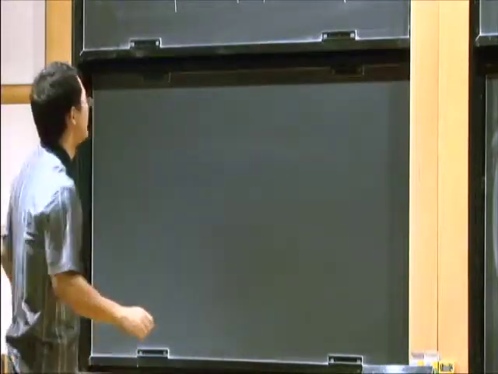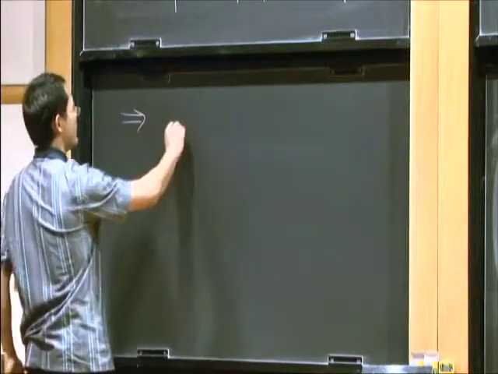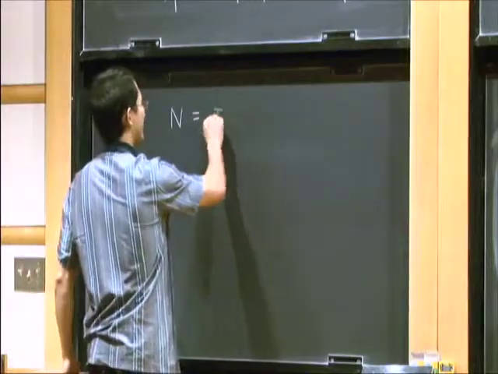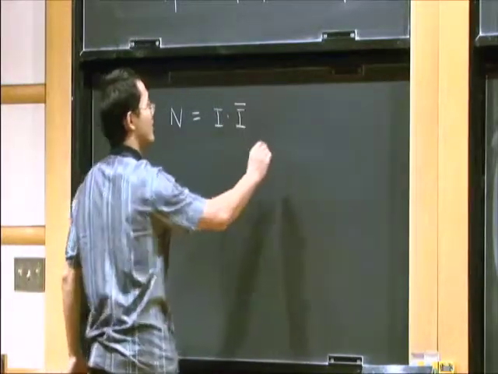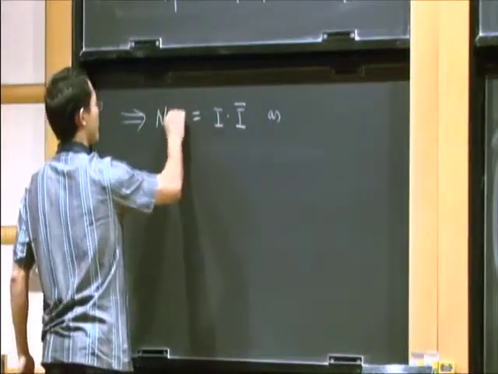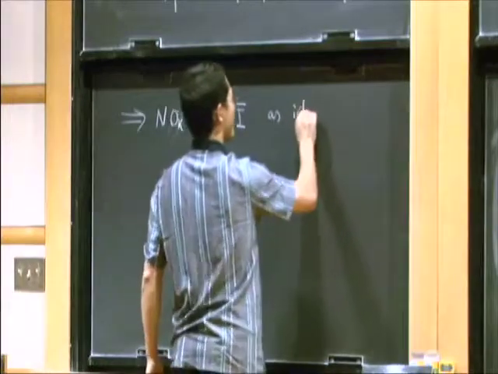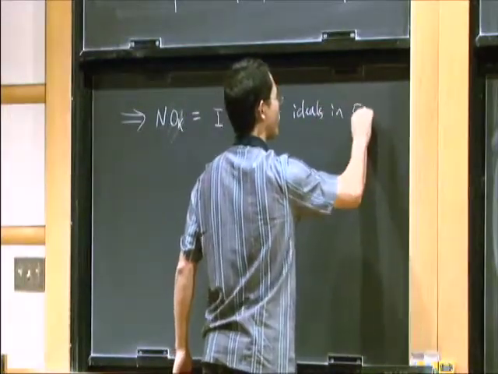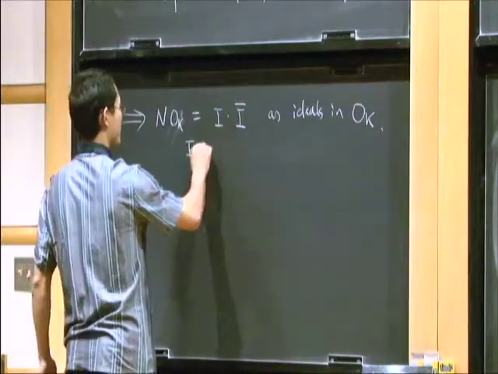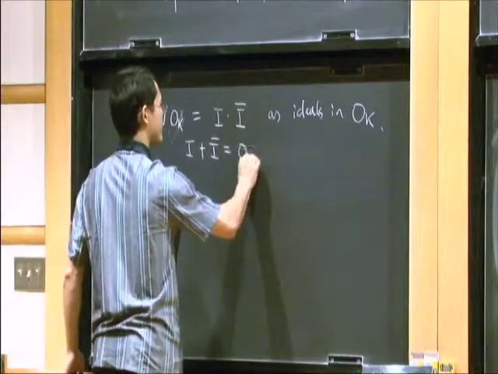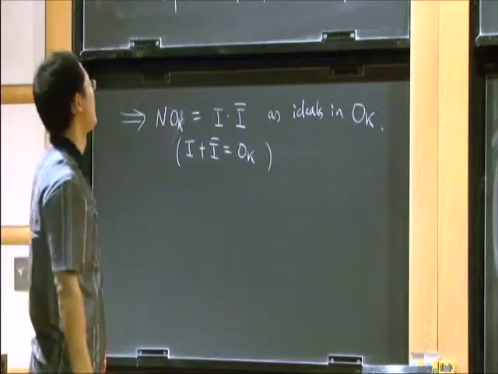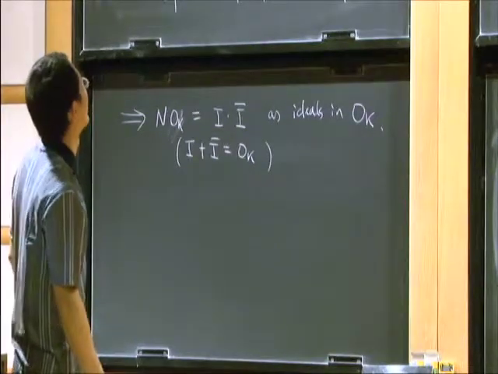And this Heegner assumption implies a decomposition of N. It's decomposed into I times I bar as ideals, and with this I, I bar coprime. Now from this I, we construct elliptic curves, and then we get a point on the modular curve.